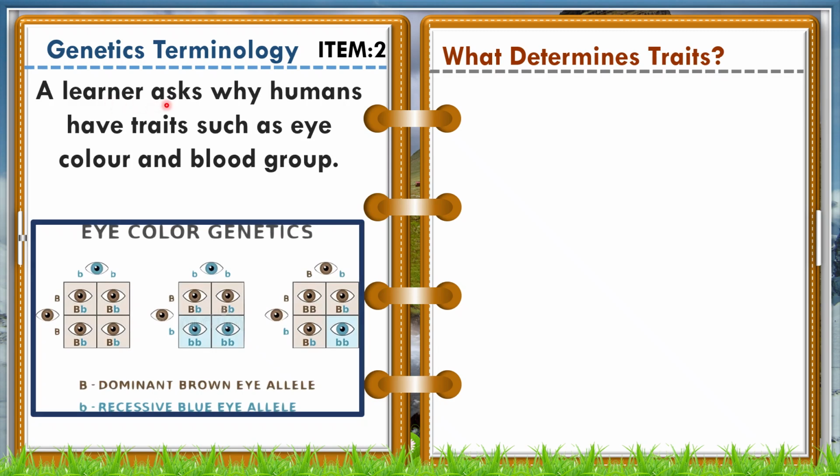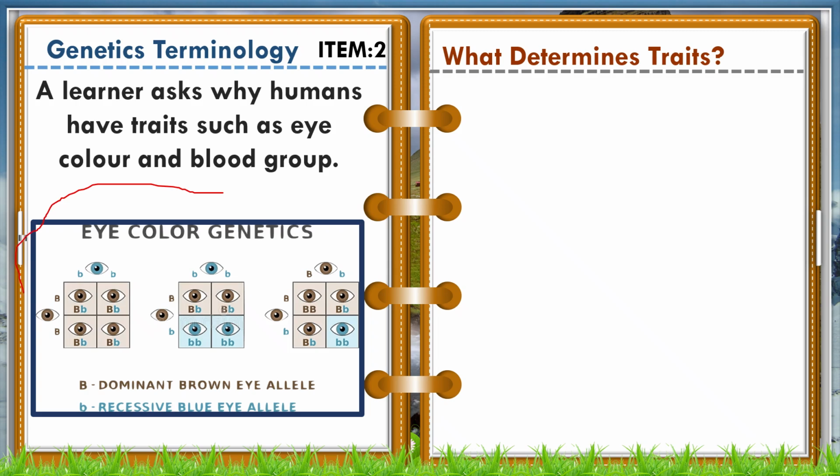A learner asks why humans have traits such as eye color and blood groups. That is the question of the learner. She's inquiring, why do humans have traits such as eye color and blood group?